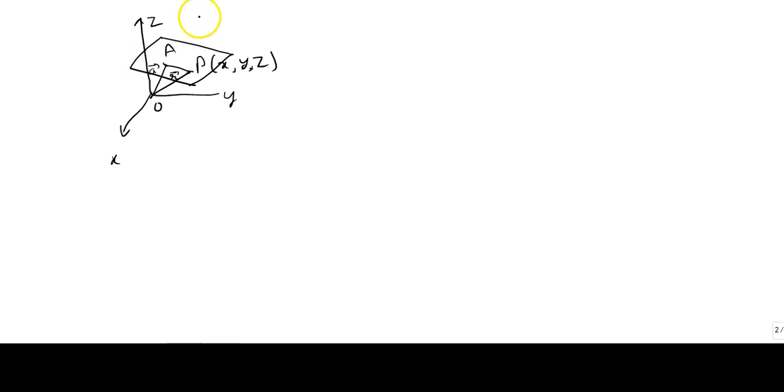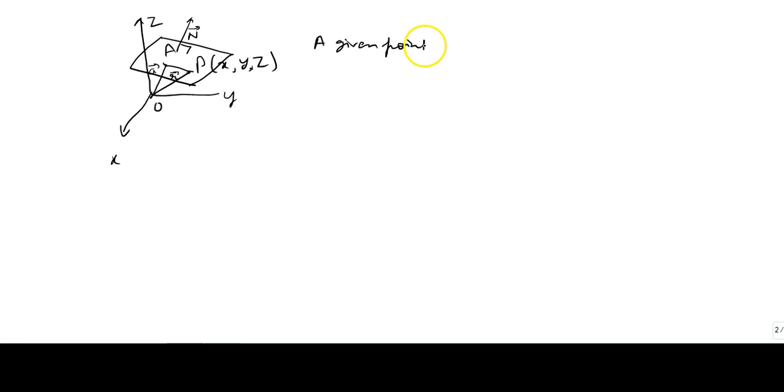Now as I told you, we have to take one perpendicular vector to the plane also. So I will consider another vector which is perpendicular, say this is n vector. Over here A is a given point on the plane.